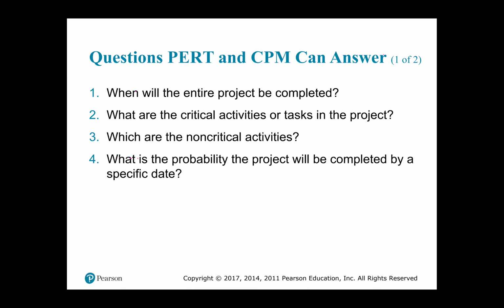What are the critical activities or tasks in the project? Critical activities must be identified because the rise and the fall of the project depends on being able to manage those activities in the appropriate way at the appropriate time. And of course, what are the non-critical activities? You also would like to know what is the probability the project will be completed by a specific date.